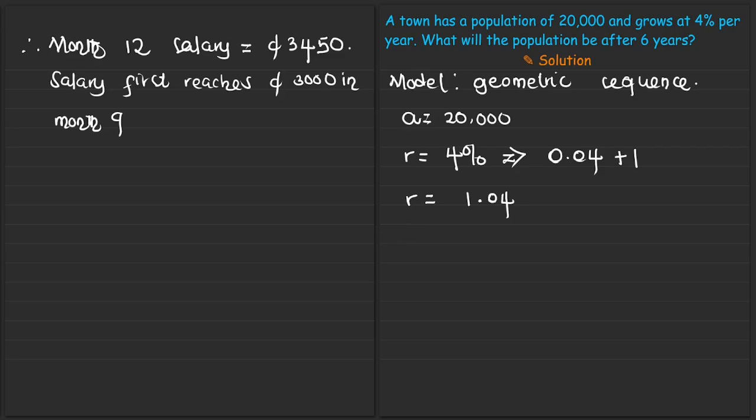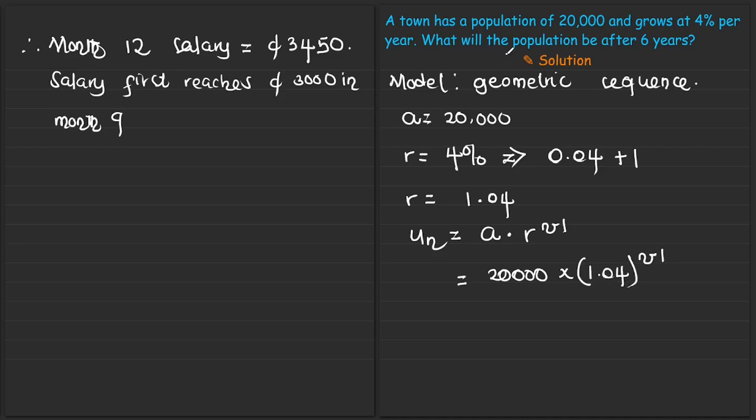Hence, we can then say our un is equal to a times r raised to the power n minus 1. Substituting our values, we have 20,000 times our r, which is 1.04, all to the power n minus 1.